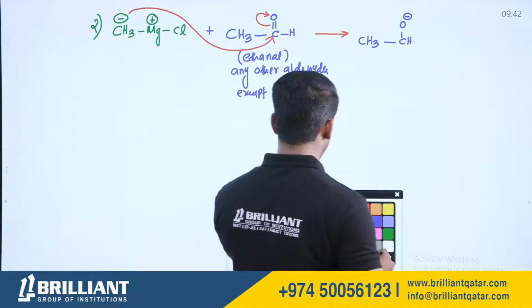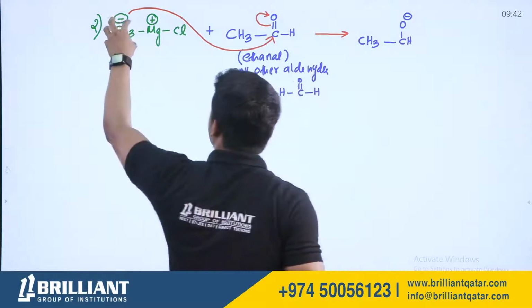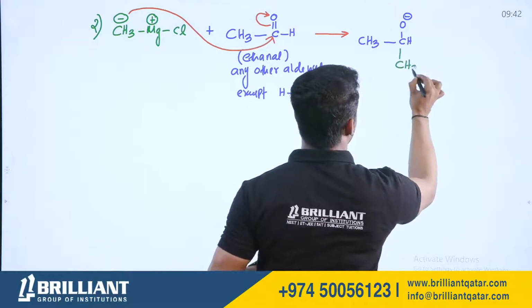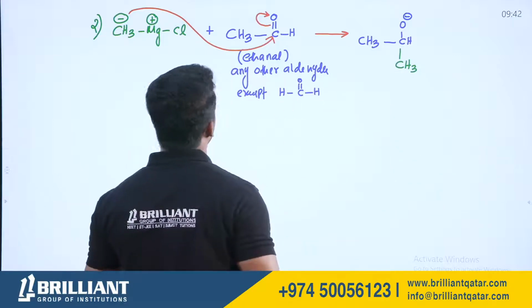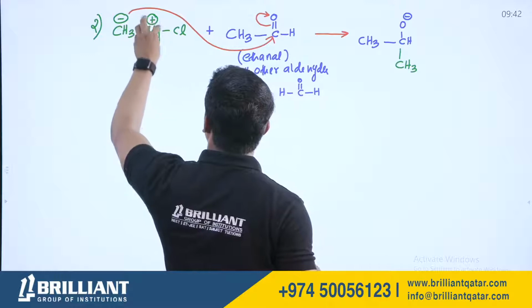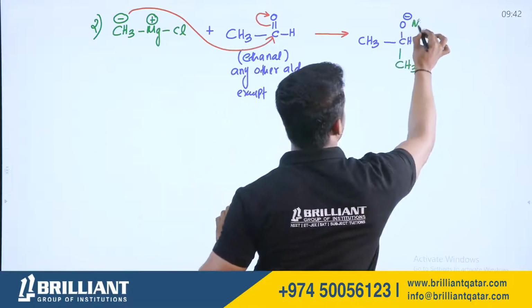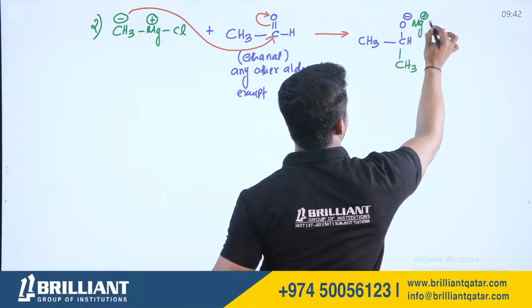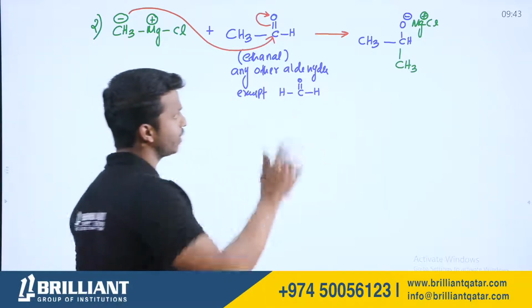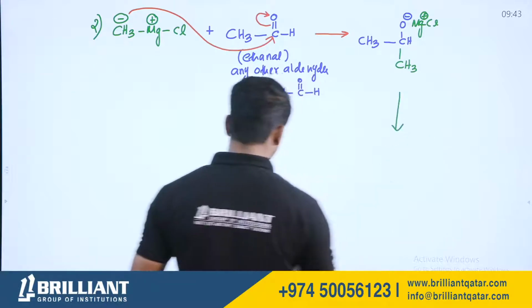Now we have this CH3 group attacked to this carbon atom, so we can write CH3 here. Now where are this Mg plus and Cl, dear all? This Mg plus and Cl will go to this negative part as MgCl. Hope you are clear? Same as the previous case. What is your next step, dear all? Add water, right?